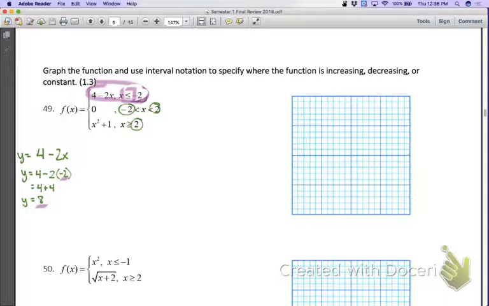So I'm going to plot my critical point at negative 2, positive 8. I'm going to go over to my graph, to negative 2. There's 4, 5, 6, 7, and 8. Now, why is it a closed circle? Because it includes the negative 2.